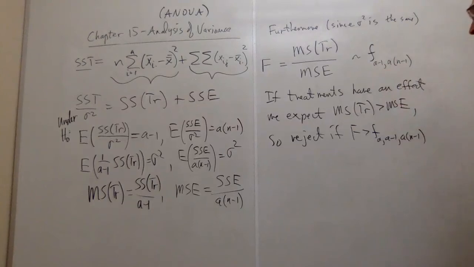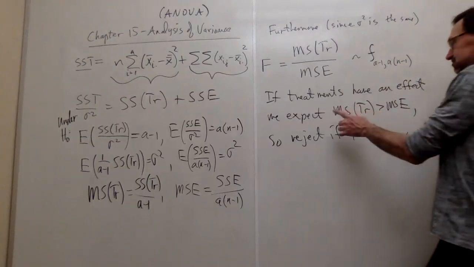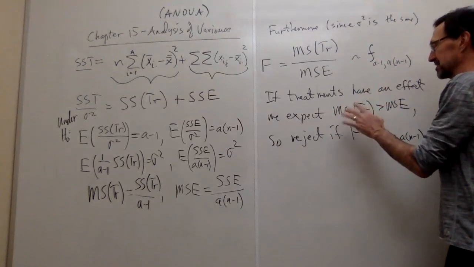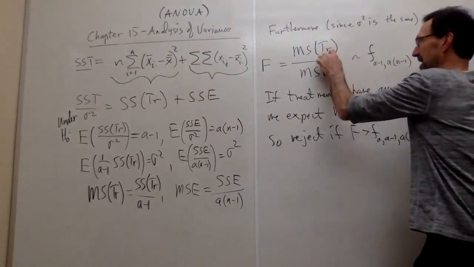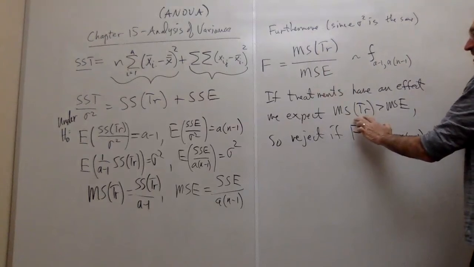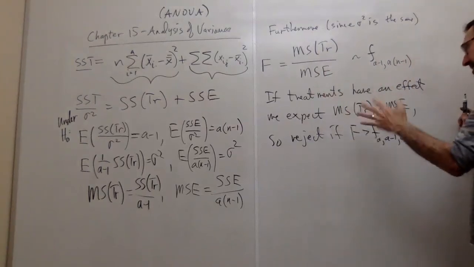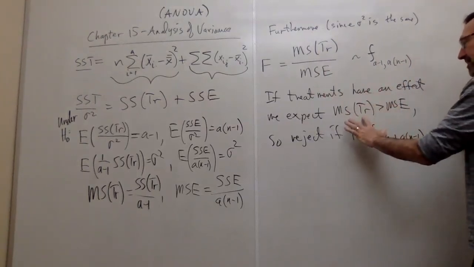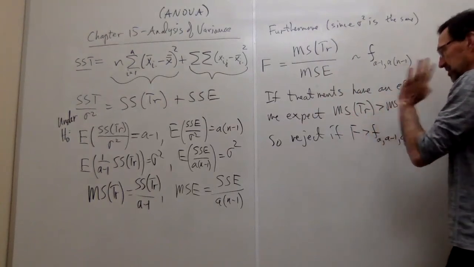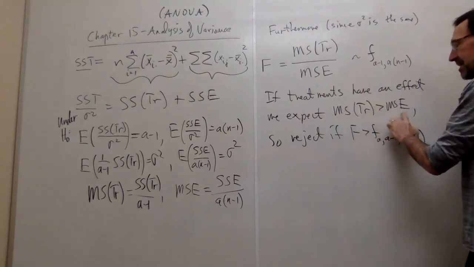It's an F. And because the effect of the treatments is illustrated in this formula by this guy being bigger than this, we always have a right-tailed test. That is, we're going to reject the null hypothesis if the numerator is enough bigger than the denominator. Most of the variance is due to treatments, not due to error.